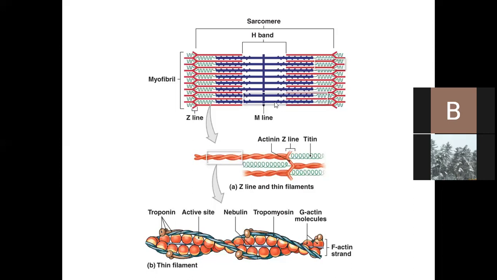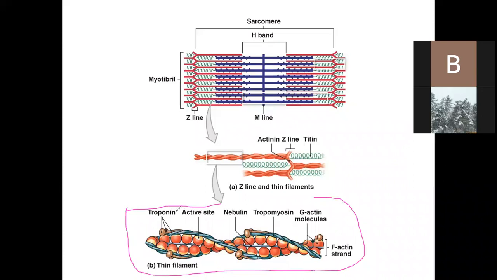So now, my main focus and my main interest is this part. We have the thin filament. I had already discussed the detailed structure of the thick filament. So now I want to discuss the detailed structure of the thin filament. We have several proteins involved: troponin and tropomyosin.